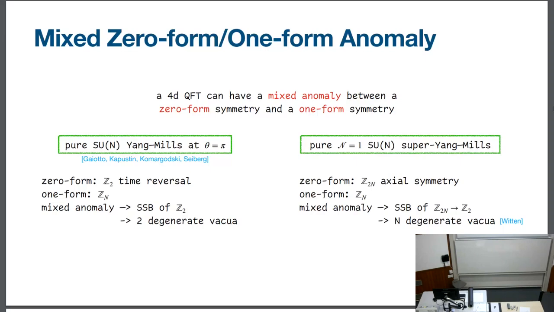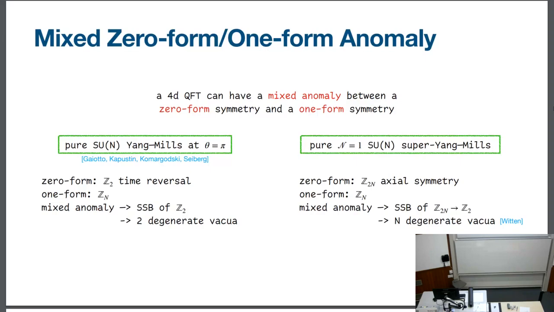Here's another example. Take pure N equals 1 Yang-Mills. There's a Z2n zero-form symmetry, that's the axial symmetry. Again, there's a Zn one-form symmetry. And again, you can do a computation and you can see that there's a mixed anomaly between these two symmetries. Okay, what happens in the IR of the system?